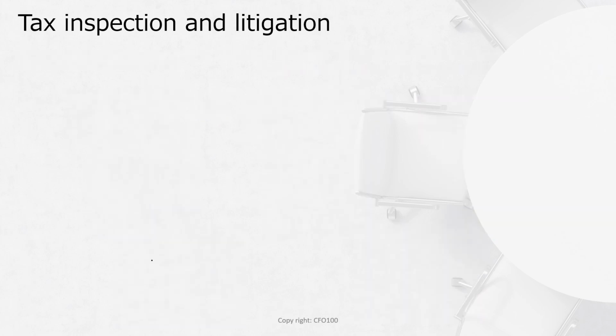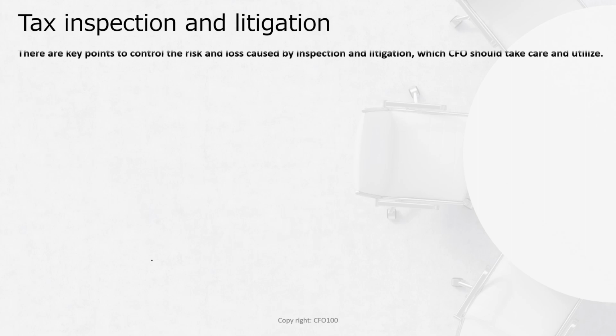In addition to the basic understanding of the tax inspection process and the litigation process, there are several items that you need to understand. Those are topics related to mitigating the risk and controlling the loss caused by tax correction.